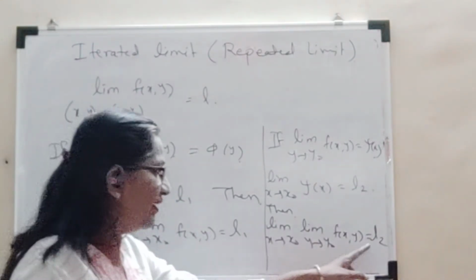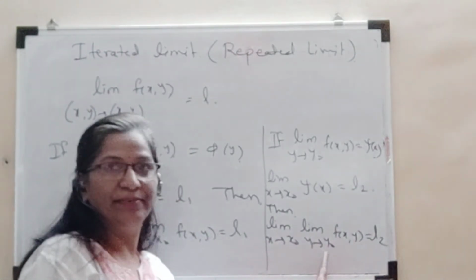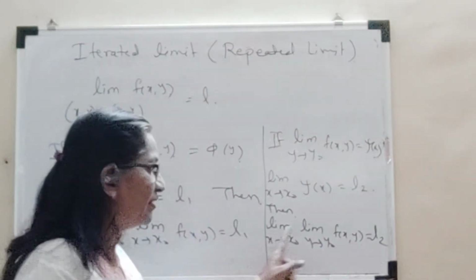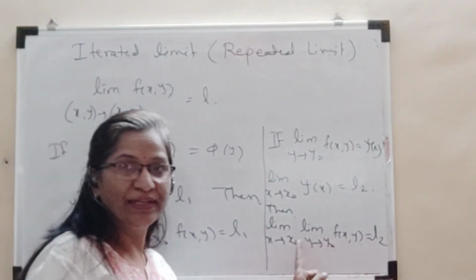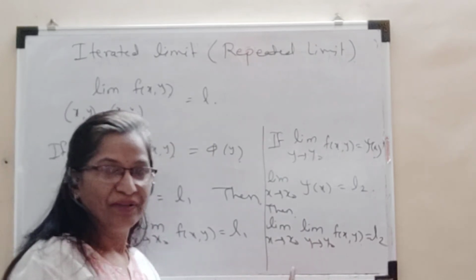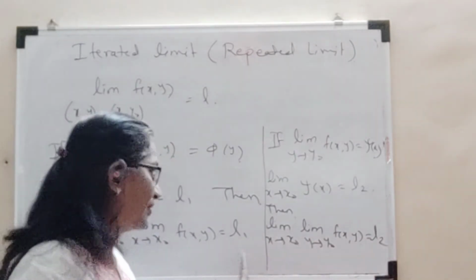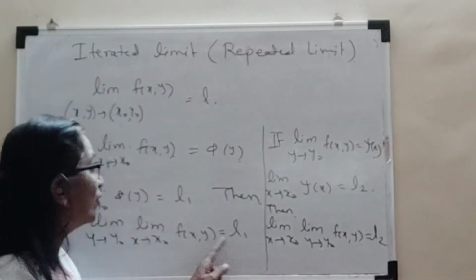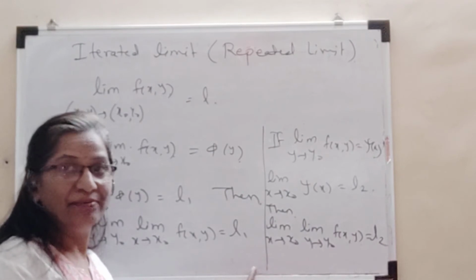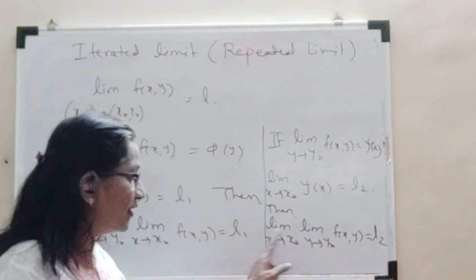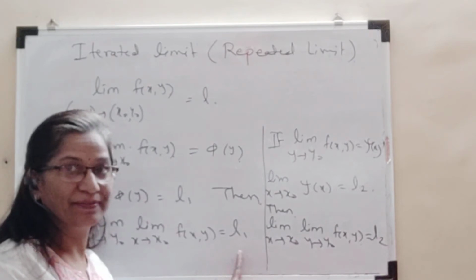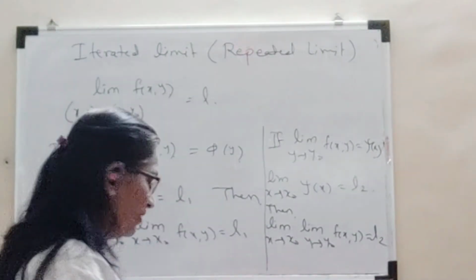So L2 is one more iterated limit of the function f of x, y. Both iterated limits may exist, may not exist, may be equal, may not be equal. So they are totally independent. And there is also no relation between the simultaneous limit and the iterated limit. Sometimes both iterated limits may exist, but the simultaneous limit may not exist. We'll take one example.